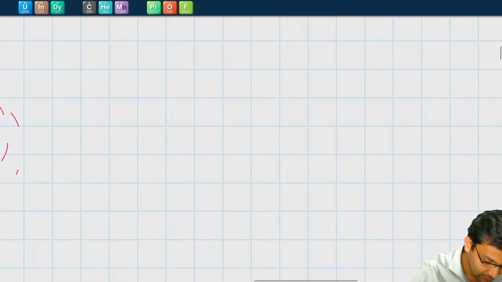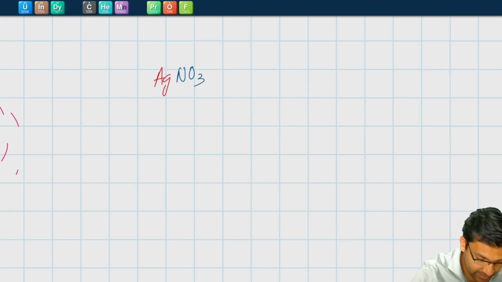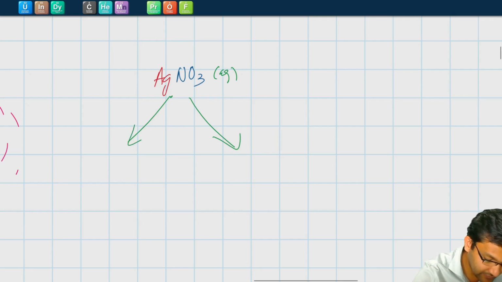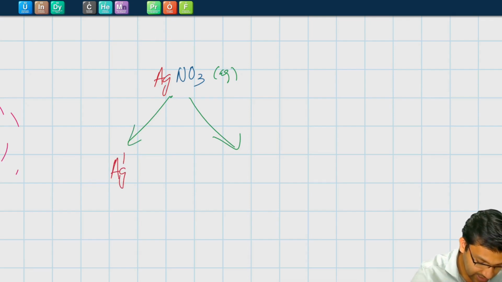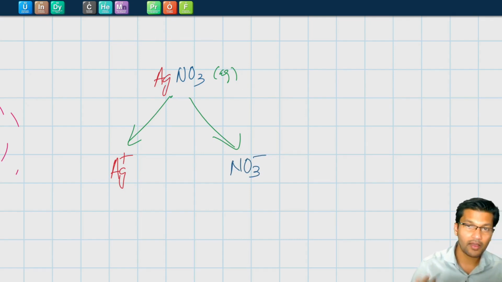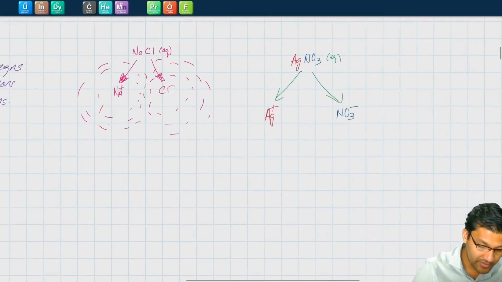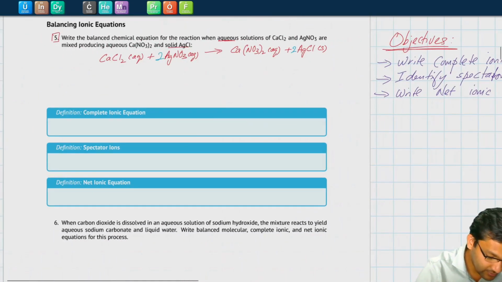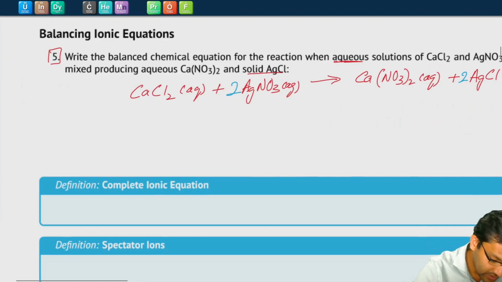Same thing. We have Ag and our NO3 ions. When they dissolve in solution, they're aqueous. So what we should see floating around is Ag plus ions and NO3 minus ions.